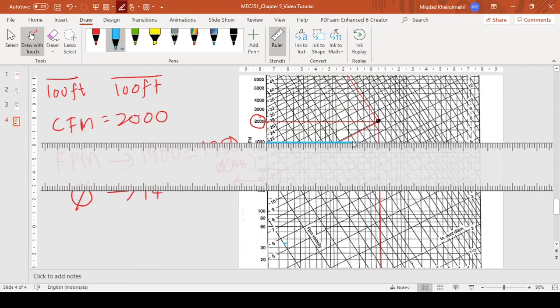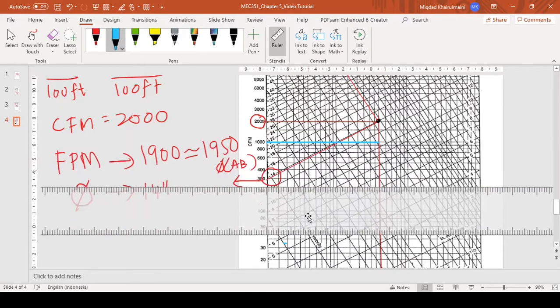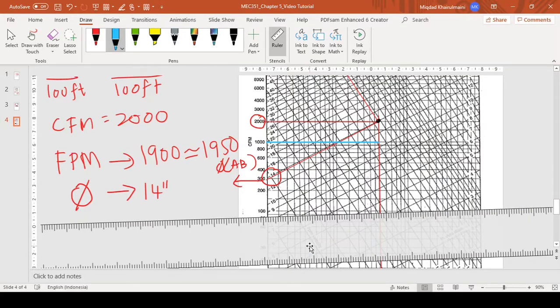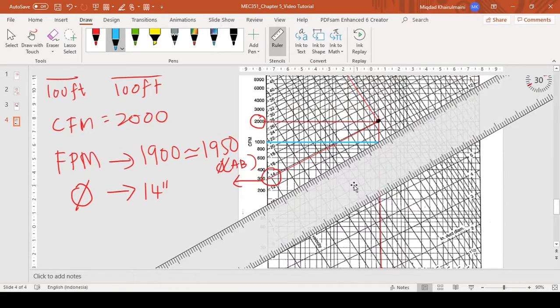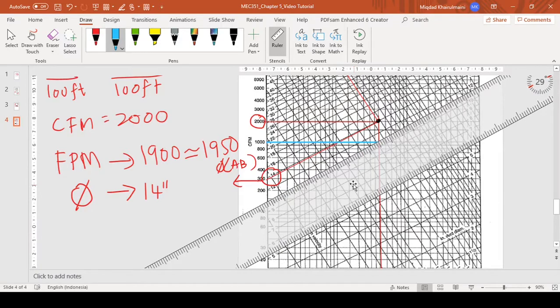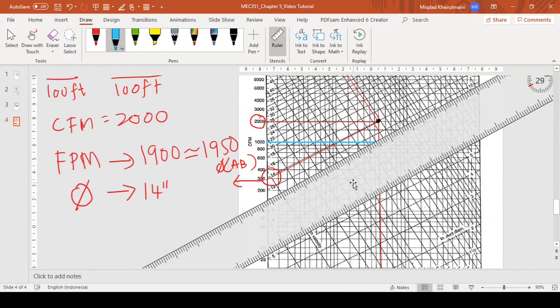Alright, so it intersects here also at 0.4 water gauge. So for diameter, we can draw the line here, a diagonal line. We try to draw as straight as possible here.